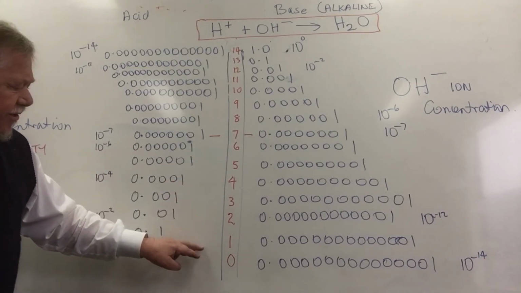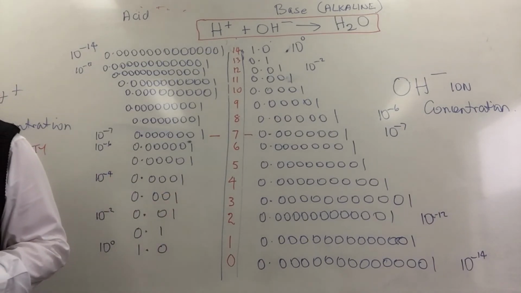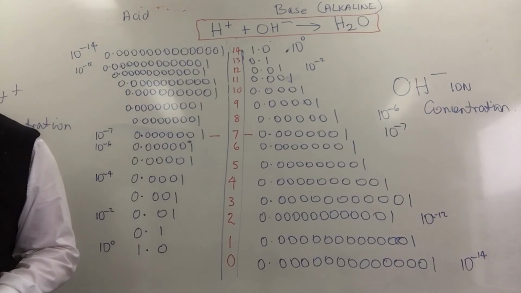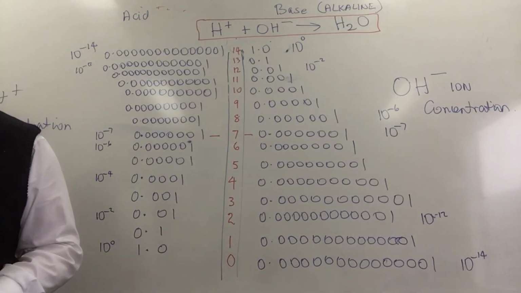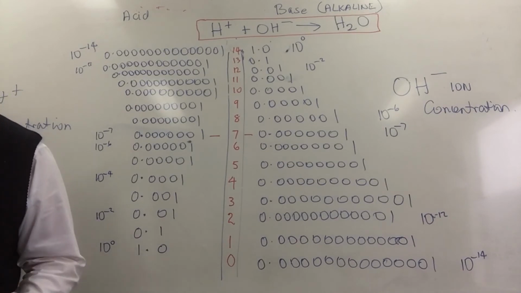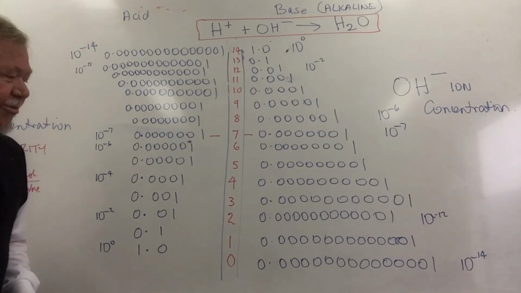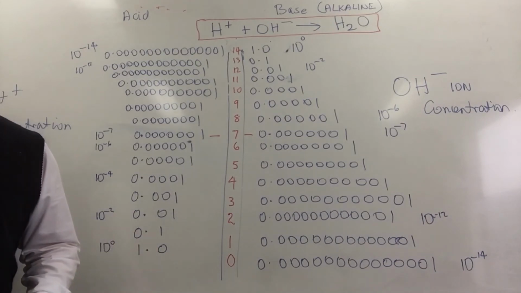So you can see the difference between your stomach and that is 100 times, or it could be as much as 1,000 times stronger than the soft drink. So do you think the soft drink will have any effect on the acidity? I don't think so. No. By the time it gets into your stomach and is diluted in your stomach, it will make no difference at all.